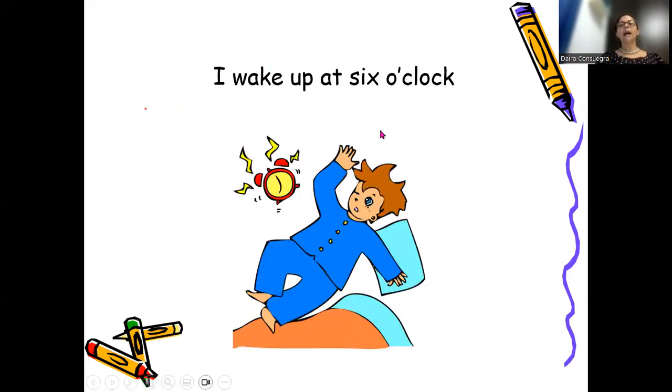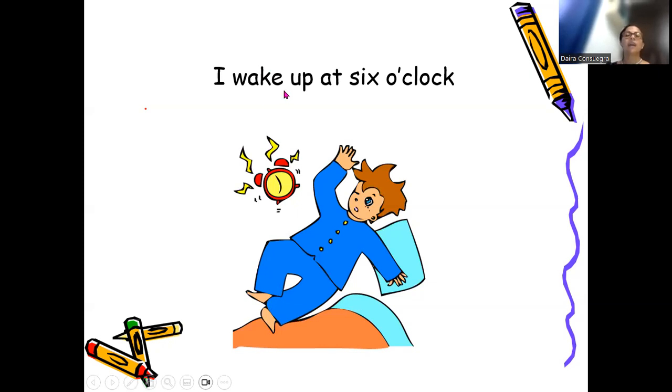In here we have some activities regarding our daily routines. For example, every day of your life, you wake up. But why in here I don't have an S in the verb, okay? I is the subject, wake up is the verb, and at 6 o'clock is the complement. Because I'm talking about me. And when you talk about you, or I, or any other person that is not he, she, or it, the verb stays the same, okay?